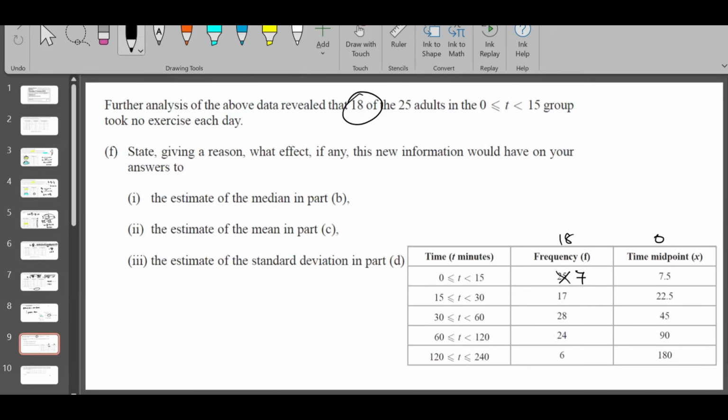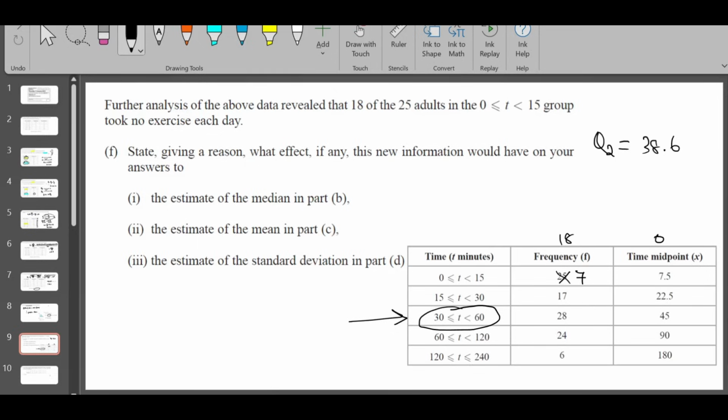Okay. Now the question says, state giving a reason what effect, if any, this new information would have on your answers. For the median, we have calculated the median as 38.6, right? 38.6 lies in this class interval between 30 to 60, correct?